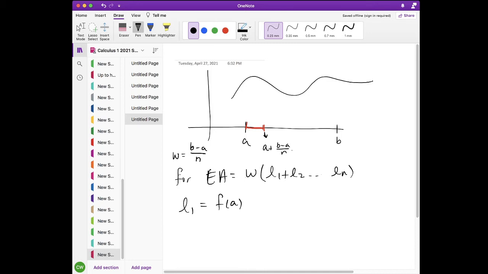So in this first rectangle, we are going to look to the left of the width interval. So take a width interval and look at the leftmost point. So I'm looking at a. The height of this rectangle is going to be defined as f of a.